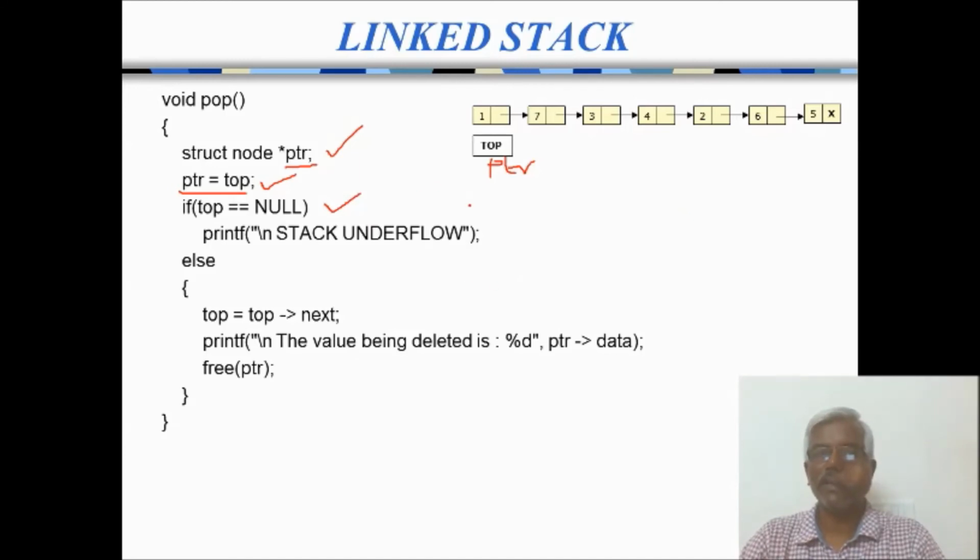So this if part is for checking whether the stack is empty or not. In case it is not, and some elements are already there, what are we going to do? Top is equal to top of next, which means hereafter this is going to be the top. So the first node is pointed to by pointer, and the second node is pointed to by top after this statement.